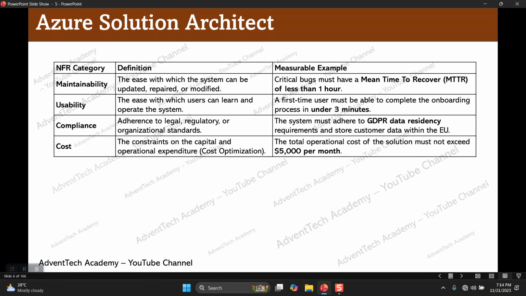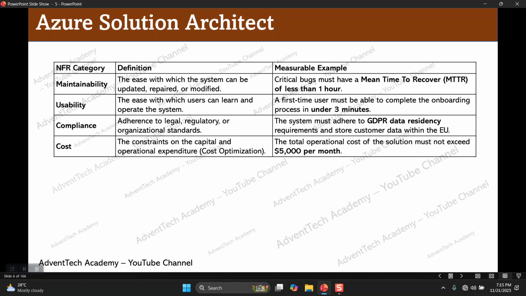How long will it take to make the system functional? So for critical bugs, the mean time to recover, MTTR, must be less than 1 hour. That is maintainability. We should have a backup server. If the server is down, we should have a backup server and bring it up immediately.